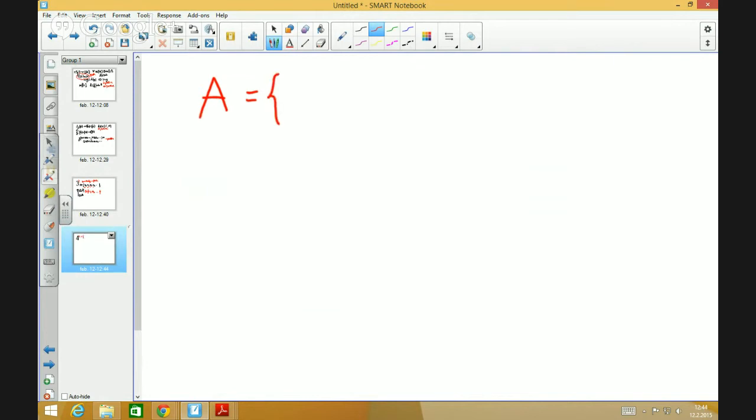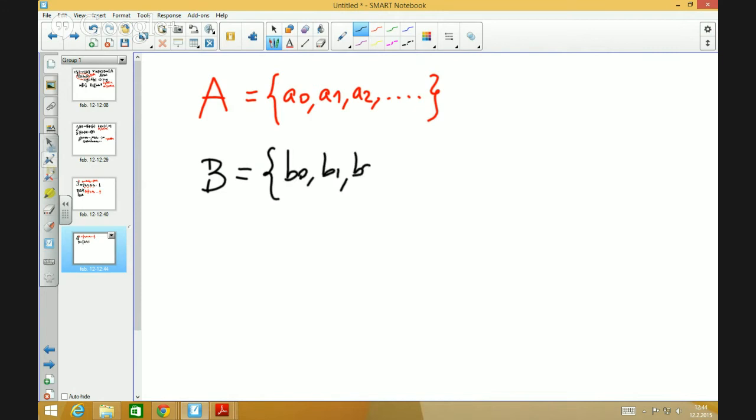So this means I can enumerate it. And here I have B. Let me use a different color, otherwise it looks like we are in a British phone booth, if they still exist. Okay, I can enumerate all the elements of B.